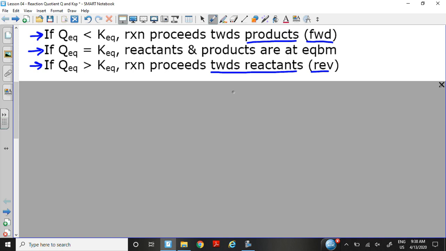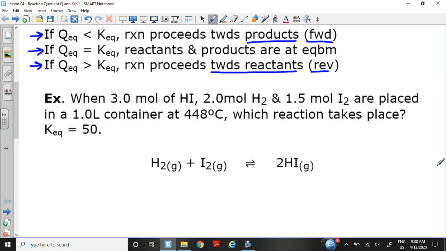So let's take a look at the problem together. You have 3 moles of hydrogen iodide, 2 moles of hydrogen, and 1.5 moles of iodine. They're placed in a 1-liter container. Again, if you see the temperature like it's listed here, that just means that it's constant. And we want to know which reaction takes place.